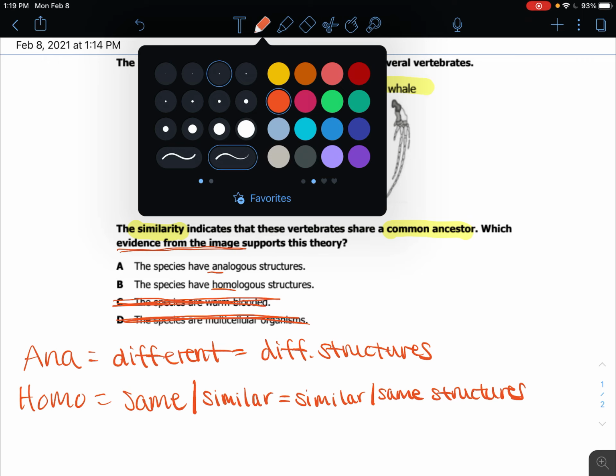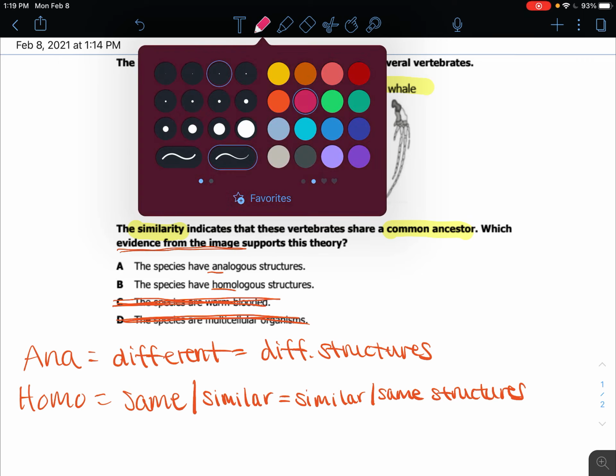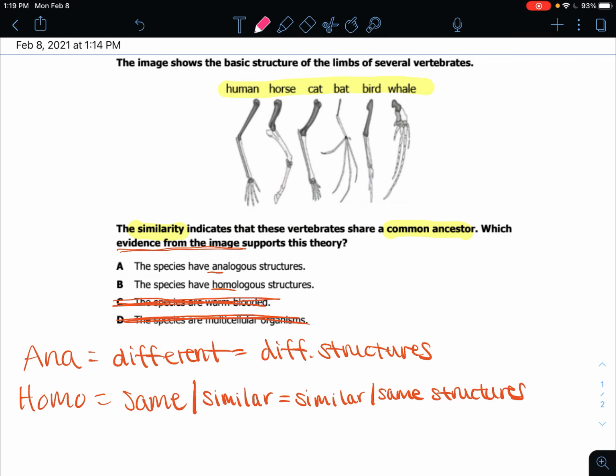And a key thing about common ancestry or how things are closely related or evolution, we remember that the more similar two structures look, the more likely they are to be closely related or share a common ancestor. So since homologous structures look the same, we know that any type of homologous structures are going to share a common ancestor, because again, when they look similar, they're going to be related.